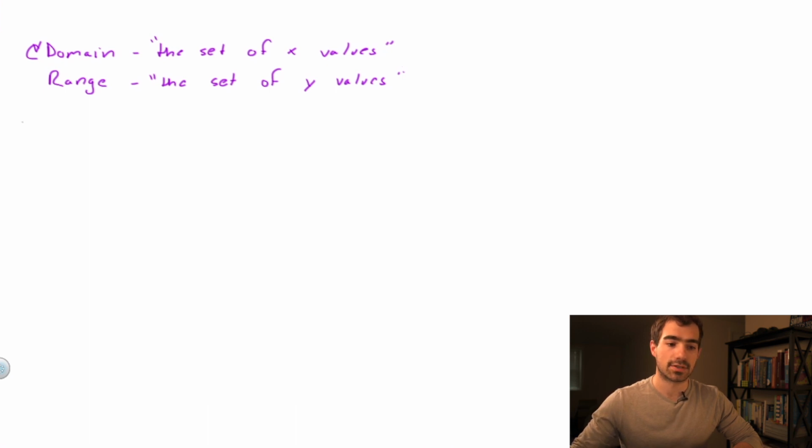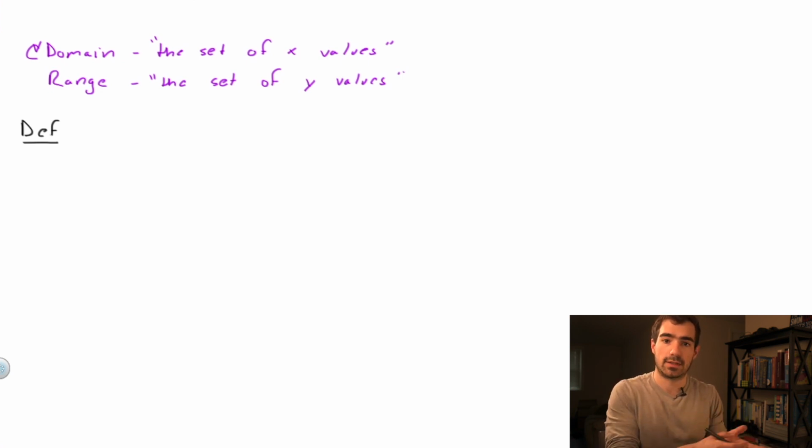And so rather than just specifically saying x values, because these could be numeric, or they could be like a country, we'll just define them specifically as the first coordinate of the relation. So whatever that ends up being, all of the stuff that makes up the first components is going to be the domain.